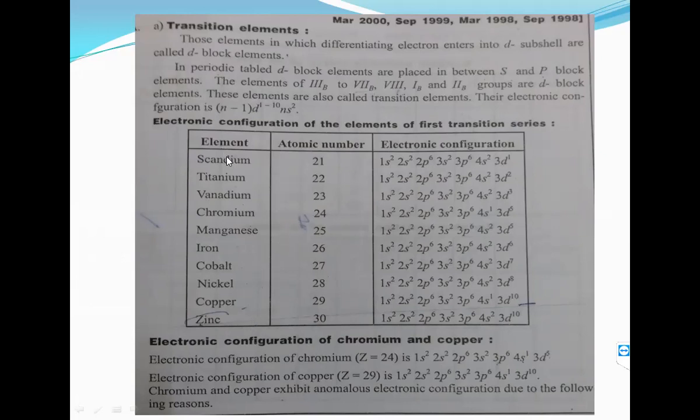The elements in the 3D series, namely scandium, titanium, vanadium, chromium, manganese, iron, cobalt, nickel, copper and zinc. These 10 elements come under the category of first transition series.